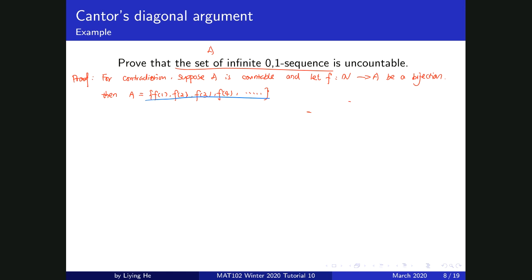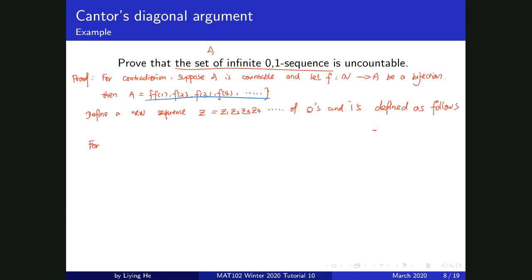Right now, I'm just going to define a new sequence. Let's call it Z equals Z1, Z2, Z3, Z4, dot dot dot. It's an infinite sequence of zeros and ones, defined as follows.